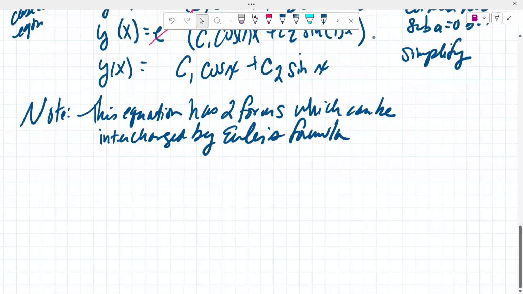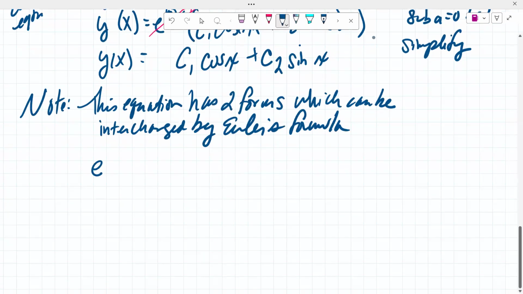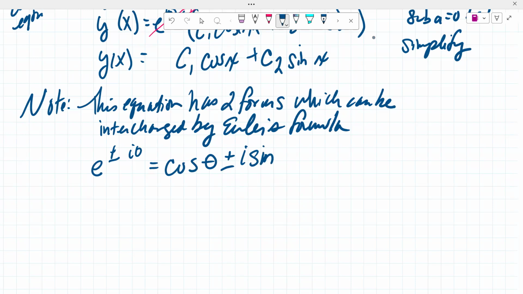Euler's formula goes like this: e to the plus or minus i theta is equal to cosine theta plus or minus i sine theta. Euler's formula.